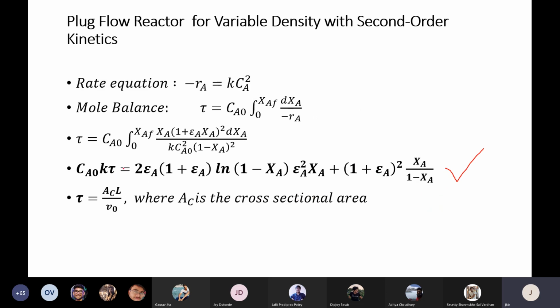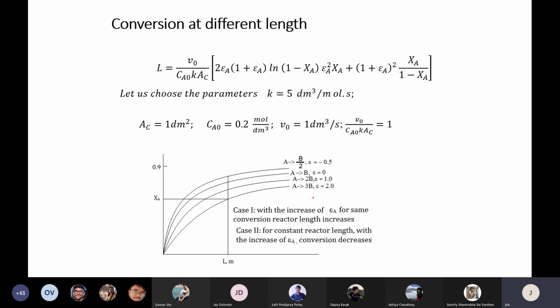Now for second order kinetics we will study some case studies so that it will be clear what is the effect of epsilon on the reaction rate. Tau is equal to AC L by V0. AC is the cross section area of the reactor. L is the reactor length. So this is volume. And V0 is volumetric flow rate.